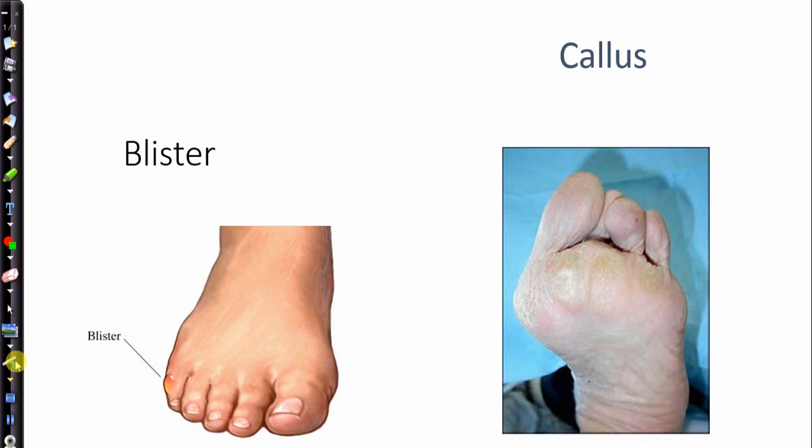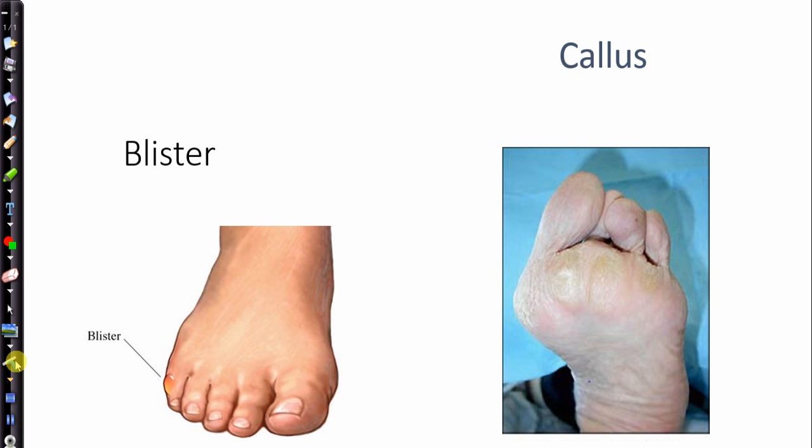the dermis. A callus is more of a long-term, quote-unquote, injury, because in this case you may have, again, friction on the skin, but the body responds, because of this kind of force, by increasing the cell production in an area local to that area of friction.